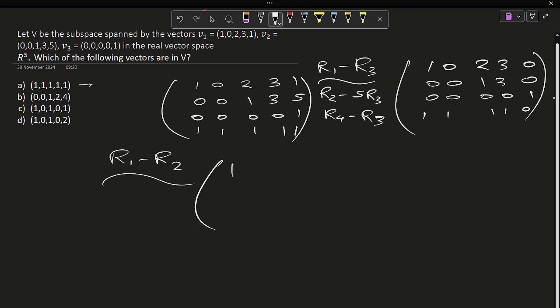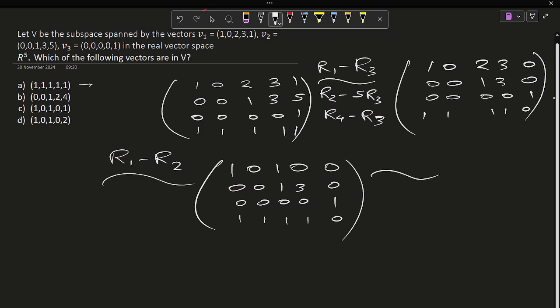Then we will get 1 0 1 0 0, then 0 0 1 3 0, then 0 0 0 0 1, and 1 1 1 1 0. Then doing R5 minus R1, we will get 1 0 1 0 0 and 0 0 1 3 0.